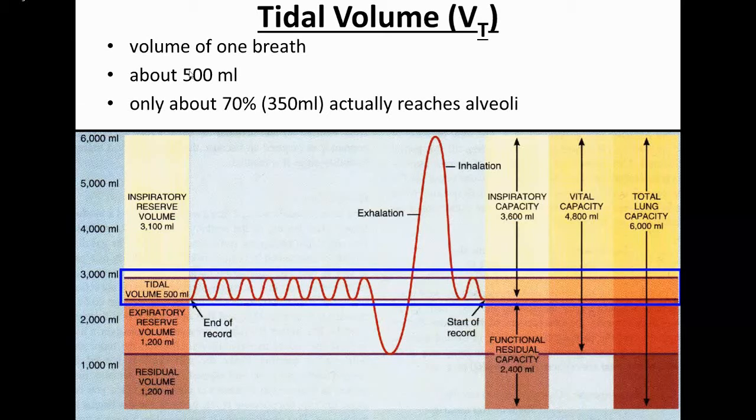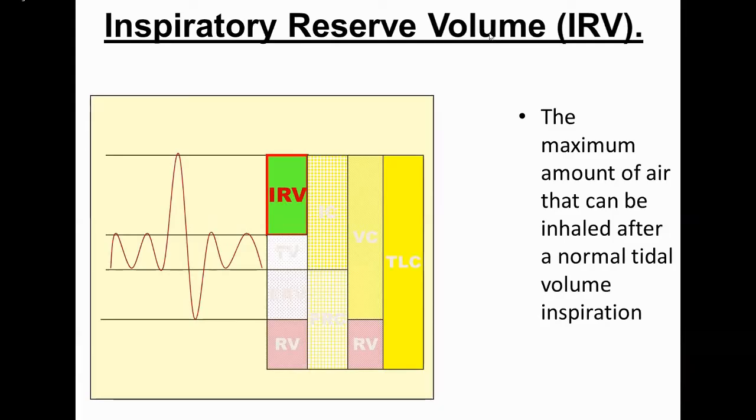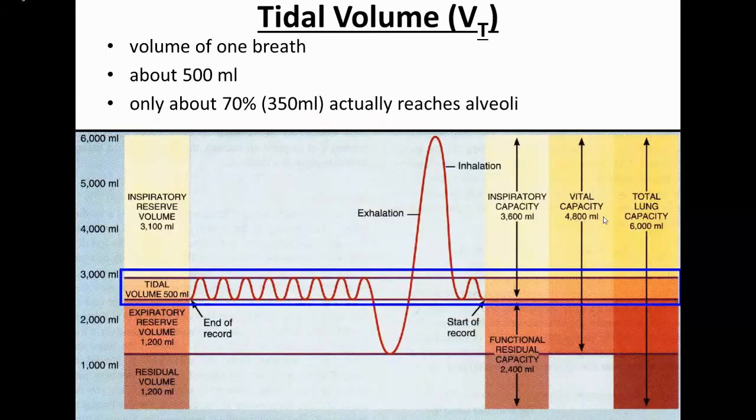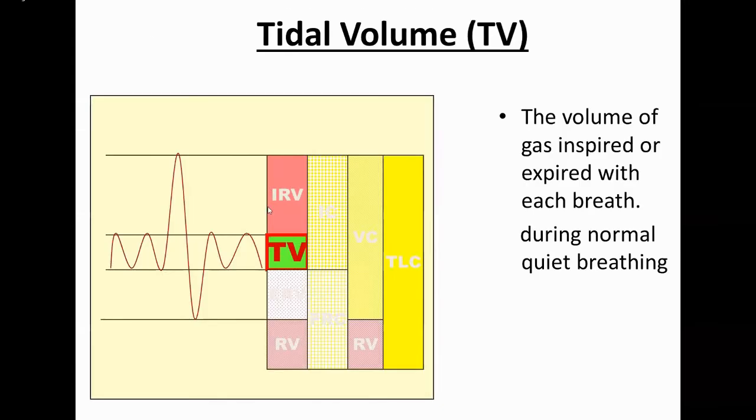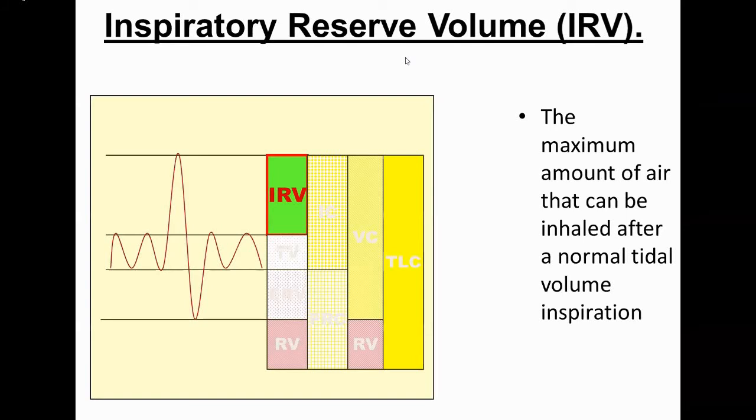Then coming to the inspiratory reserve volume, previously we taught you about the tidal volume, that it is the amount of gas inspired or expired with each breath. Okay. Now we are coming to the inspiratory reserve volume. This is also a parameter to assess the diseases of the lung. Normally, it is the maximum amount of air that can be inhaled after a normal tidal volume inspiration.